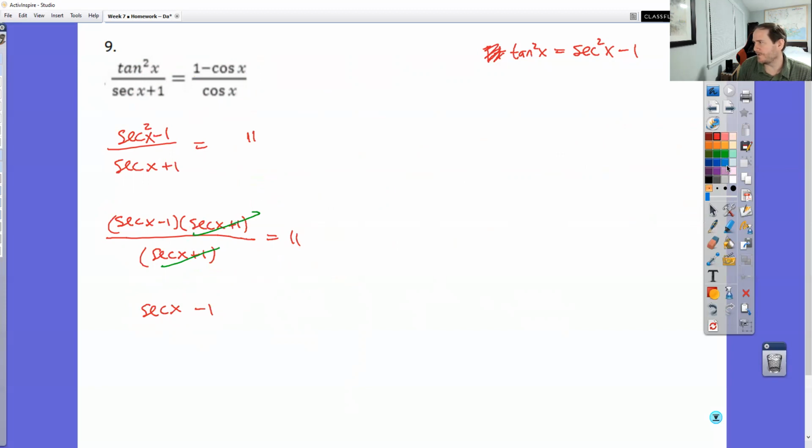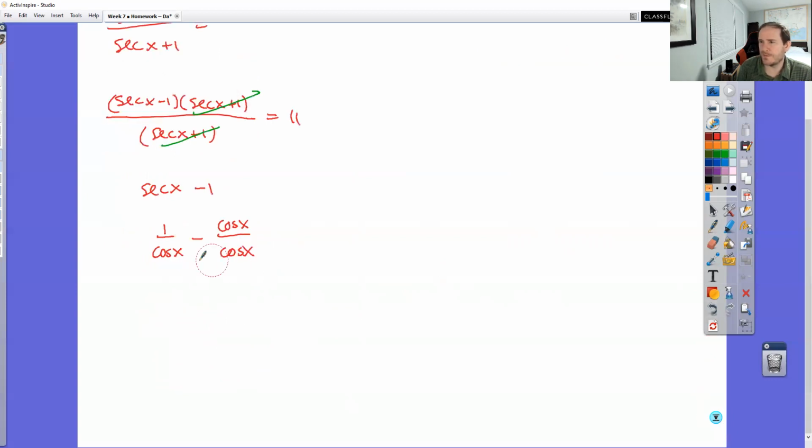But hold up, we're still a fraction, because isn't secant 1 over cosine? And this 1, if I want to actually combine these two terms back into one term, I'd need a common denominator. So I'd turn the 1 into cosine over cosine. And then lo and behold, we're exactly where we want to be.